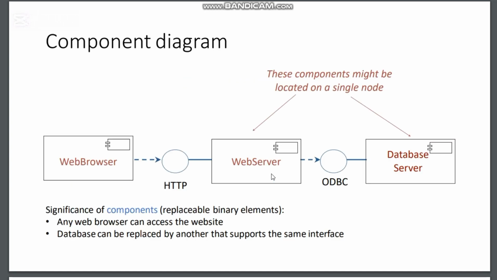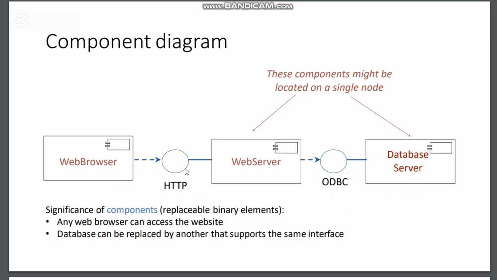Then we have the component diagram for what we have already seen, which is basically the extension and data store. This is the web browser, this is HTTP, which is its interface, and this is also dependent on ODBC, which is basically the interface for this database server. ODBC is basically like a Python library as well, but it is actually used to interact with this database.